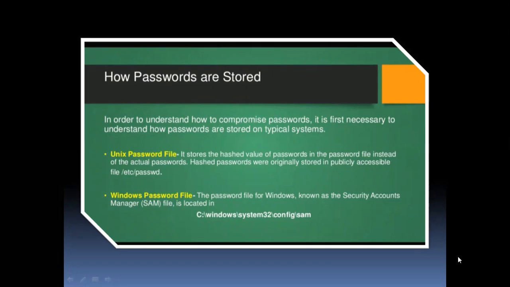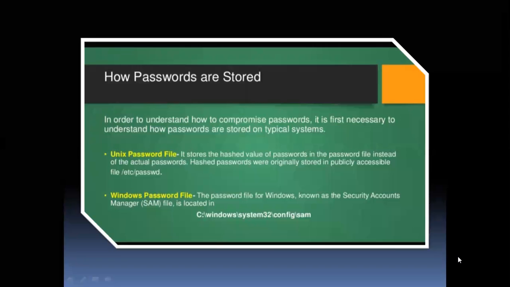So, what the Unix password file does is it stores the hash value of passwords in the password file instead of the actual passwords. Hash passwords were originally stored in a publicly accessible file. Basically, passwords in Unix are stored in the etc folder to keep track of every user on the system.